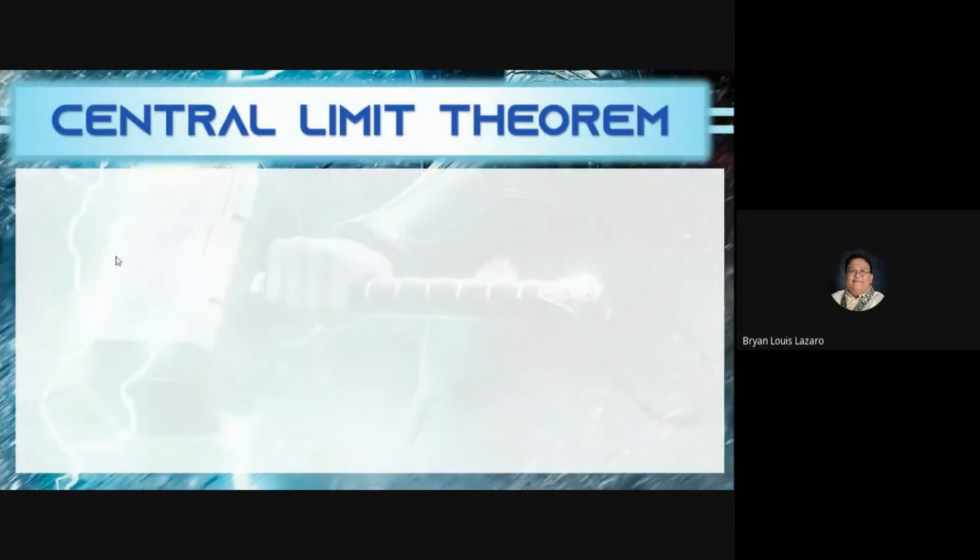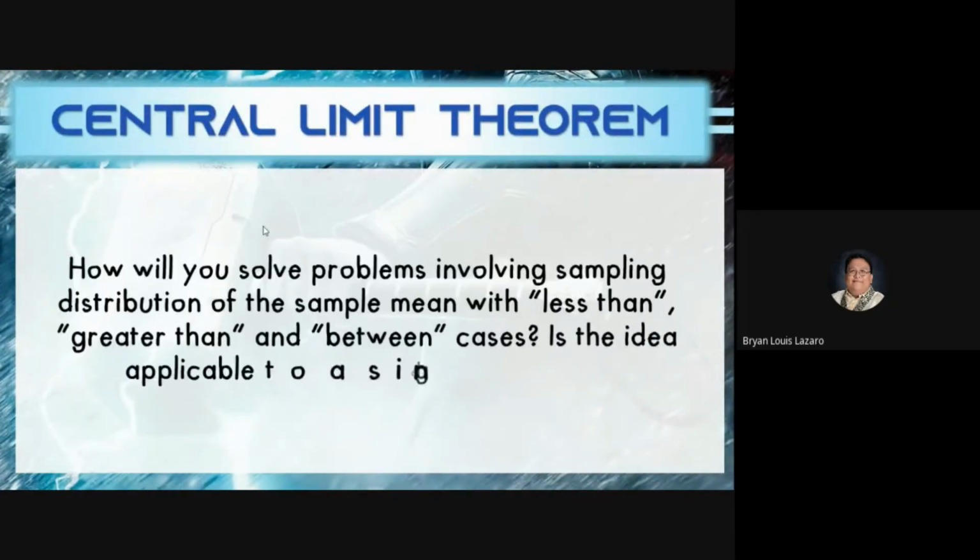Okay? So, how will you solve problems involving sampling distribution of the sample mean with less than, greater than, and between cases? Is the idea applicable to a single observation? So dito kasi, di ba nung kumuha tayo ng may mga problems tayo, if I'm not mistaken, meron tayong sheet work on solving sampling distribution of the sample mean.